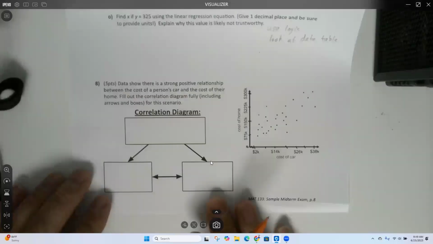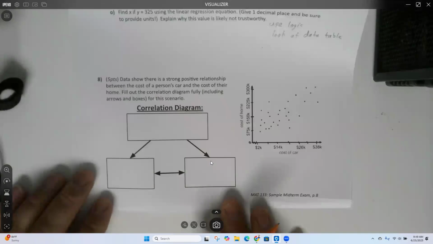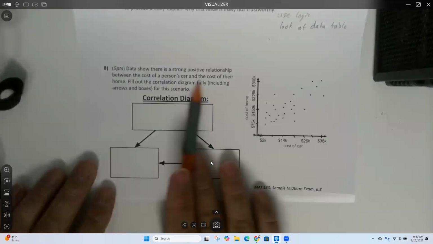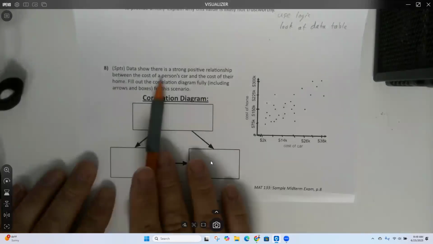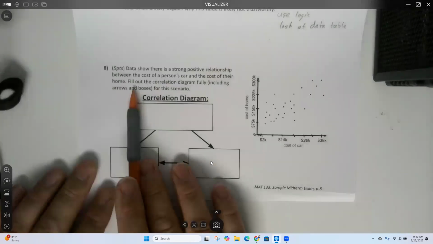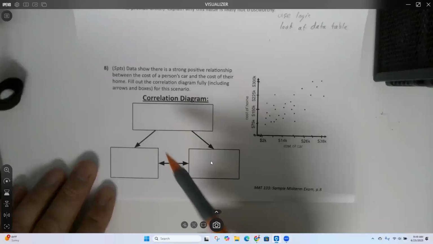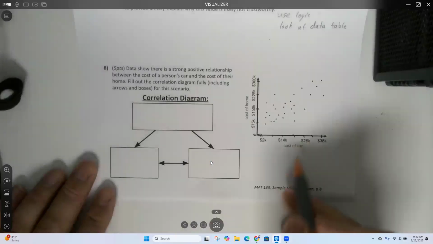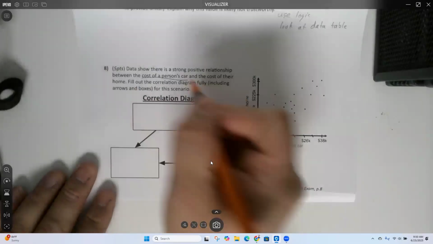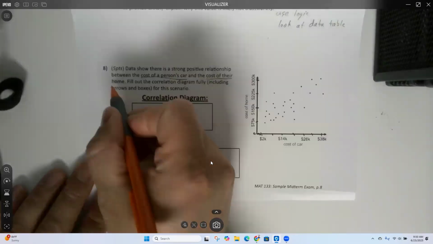The data shows there's a strong positive relationship between the cost of a person's car and the cost of their home. So here my X values are my cost of a car, and Y values would be cost of their home.